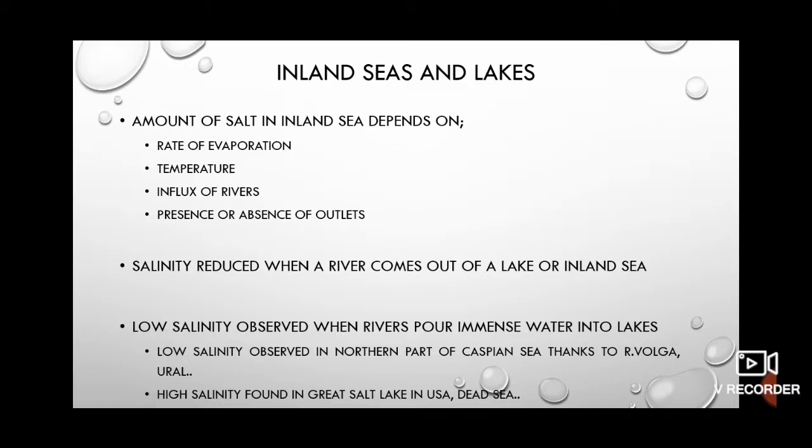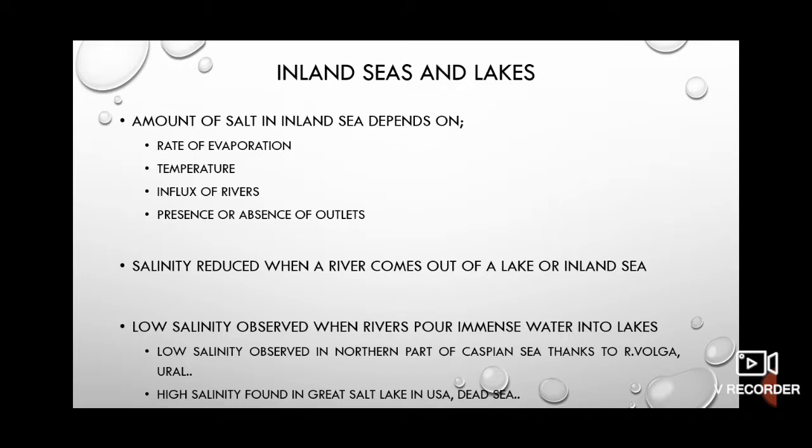The amount of salt in an inland sea depends upon 4 major factors: the rate of evaporation, temperature, influx of rivers, and presence or absence of outlets. Salinity is generally reduced, especially in those areas where a river comes out of a lake or an inland sea.